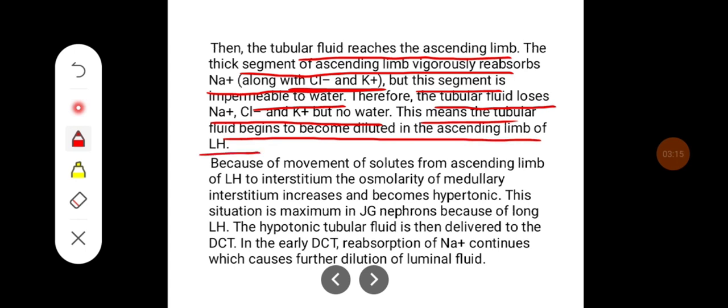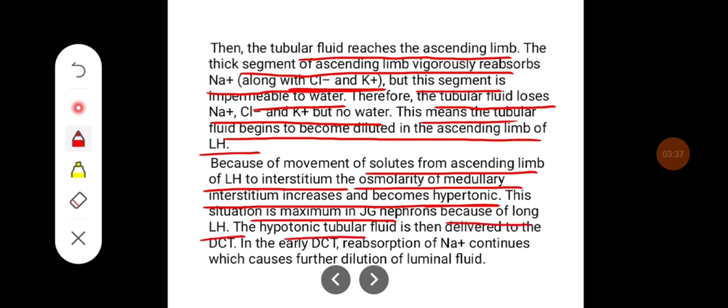Because of the movement of solutes from the ascending limb of the loop of Henle to the interstitium, the osmolarity of the medullary interstitium increases and it becomes hypertonic. This situation is maximum in juxtamedullary nephrons because of the long loop of Henle.